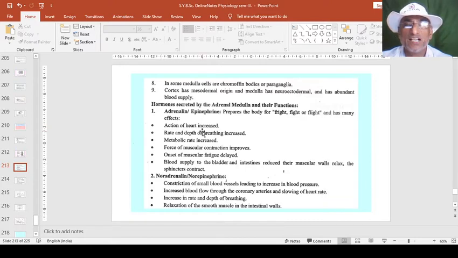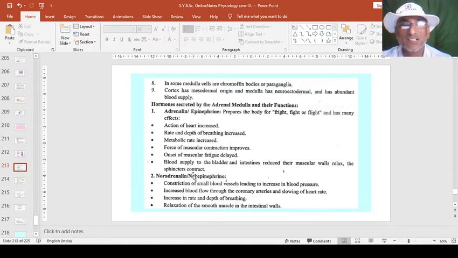Action of heart increased, rate and depth of breathing increased, then metabolic rate increased, force of muscular contraction improves, onset of muscular fatigue delayed, then blood supply to the bladder and intestines reduced, their muscular walls relax, the sphincters contract.